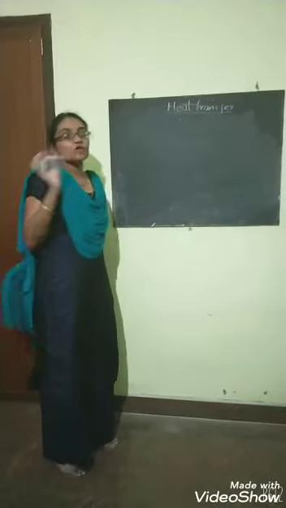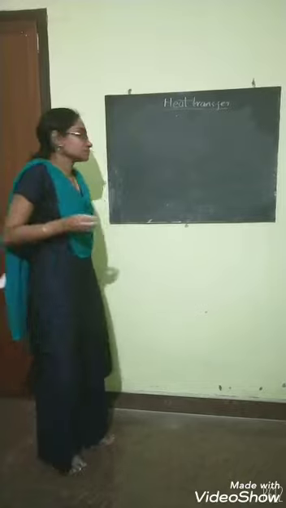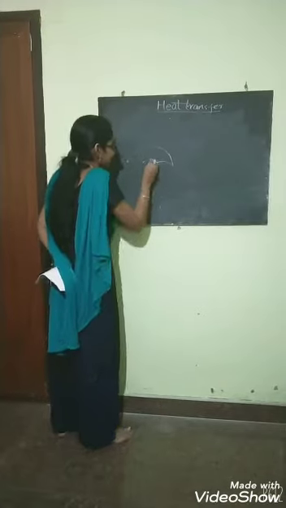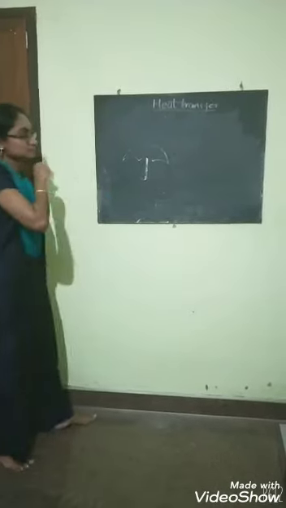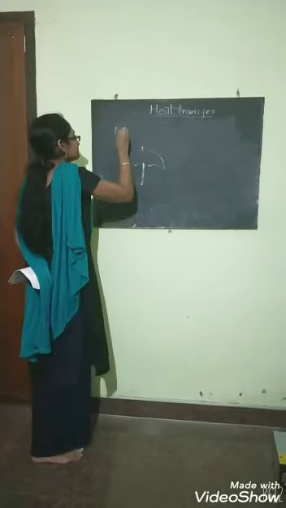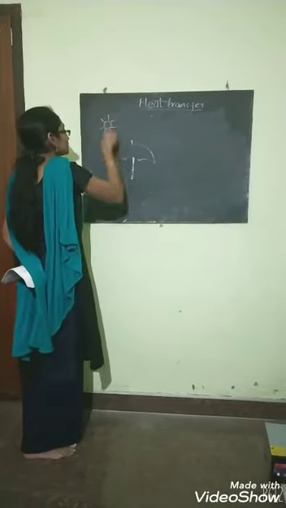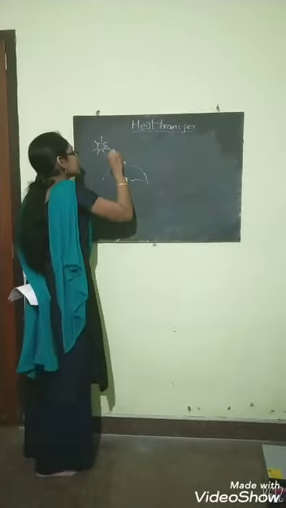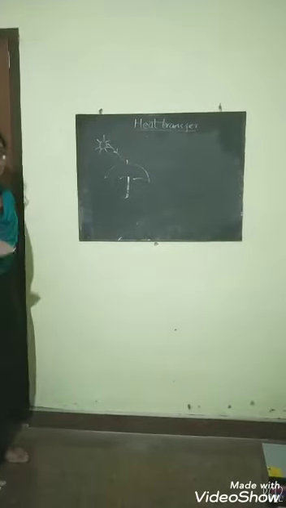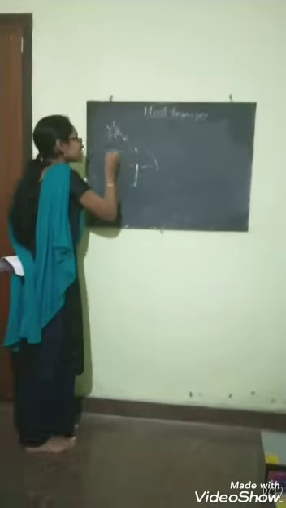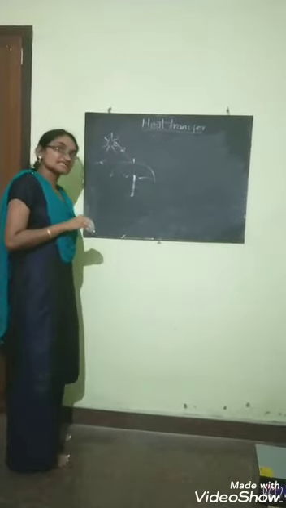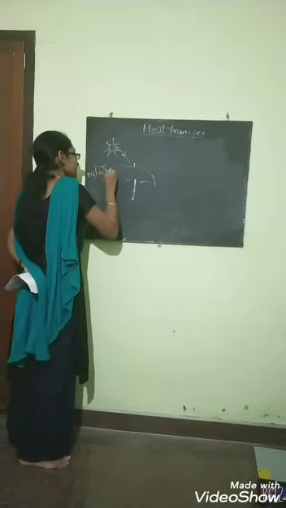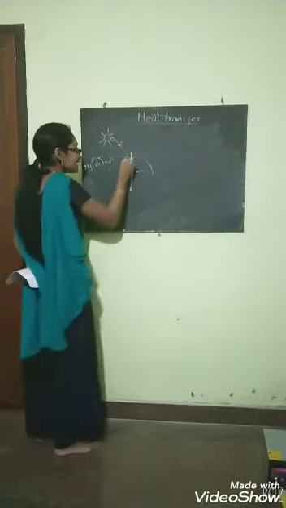The next question is, why do we use an umbrella in summer? What is the reason? In summer, the sun is very hot, and the reason is that when the radiation comes from the sun, it gets partially reflected and partially transmitted.